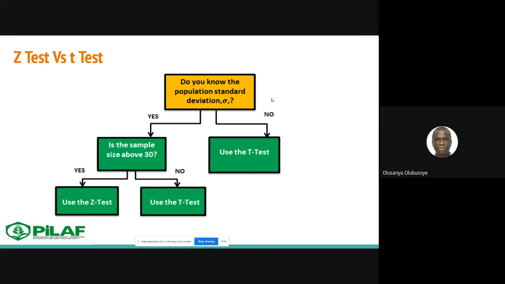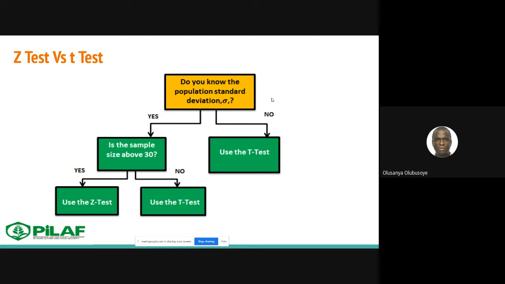So if you have the population that you are trying to study, you need to ask yourself, let's say you have one population from which you have drawn an independent sample.